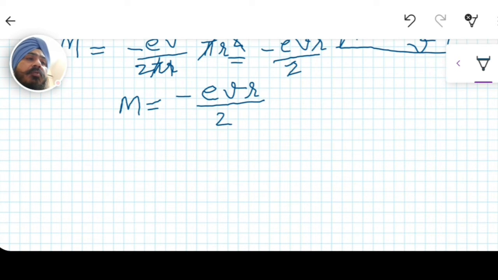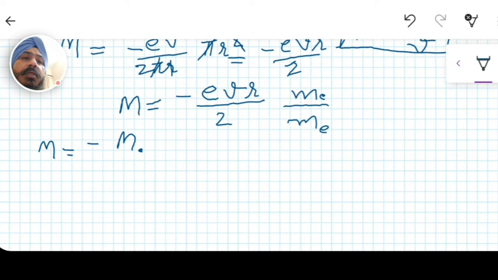So I am going to multiply and divide by the mass of the electron, m e. So in the numerator, I will get minus e m e v r upon, in the denominator, 2 m e.